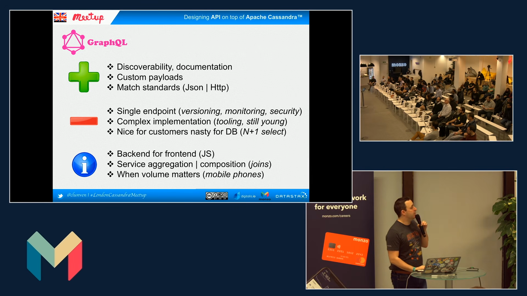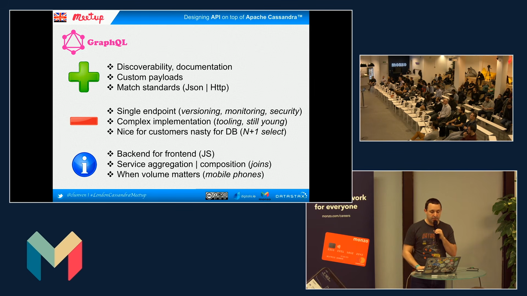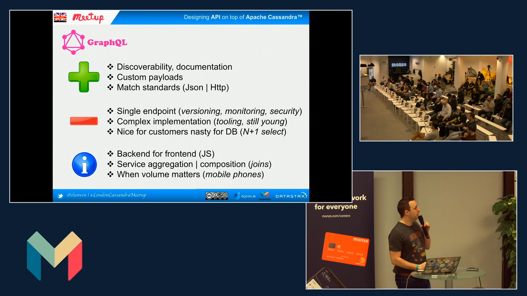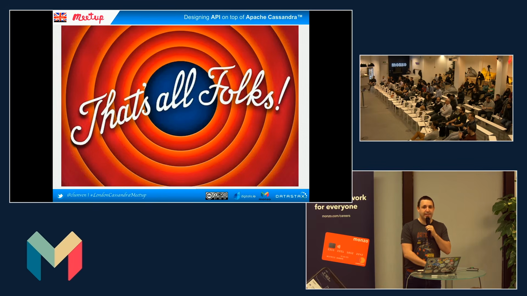It's most of the use cases right now. Actually, backend for front end and service composition are pretty close. This is actually what it means under the hood. And when volume and bandwidth matter, of course, if you can select which fields you need and which you don't need, then you're happy with that. And that's it.